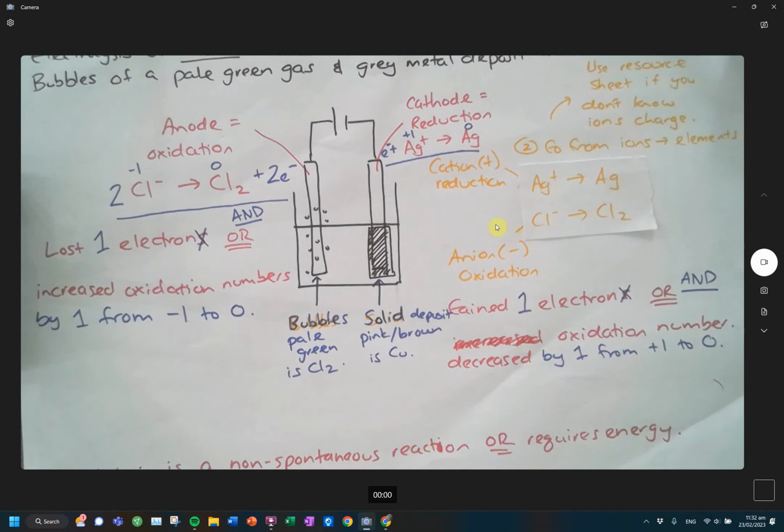I'm not writing the 2+ ion because that's talking about the ion. Sorry, the copper 2+. If I wanted to write down a third observation, I could write down that I noticed that the solution's becoming less blue because we're losing that copper ion. But I'm not going to be terribly fussed on that one.